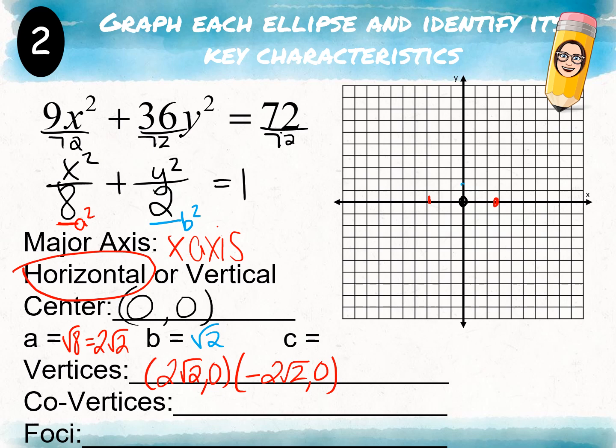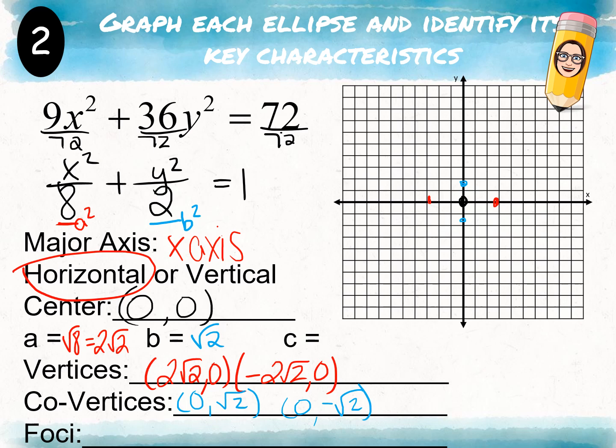So between 1 and 2 would mean I'm about right here. This is a tiny ellipse. So if I write those as points, that means I'm at 0, square root of 2, and I'm at 0, -square root of 2, because I went up and I went down.